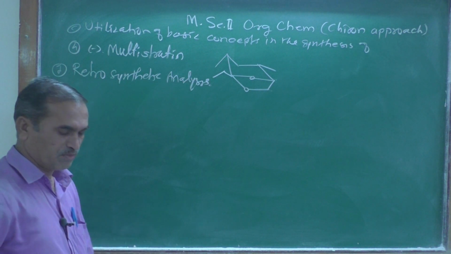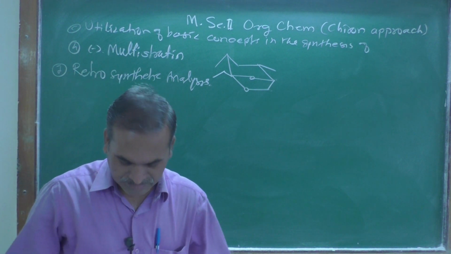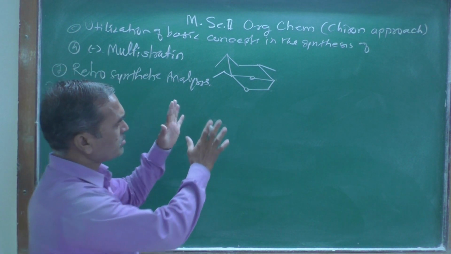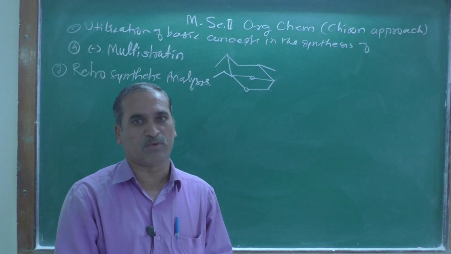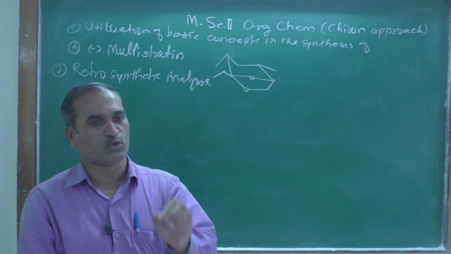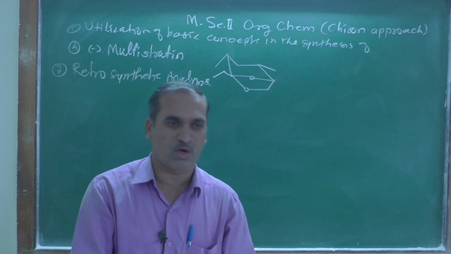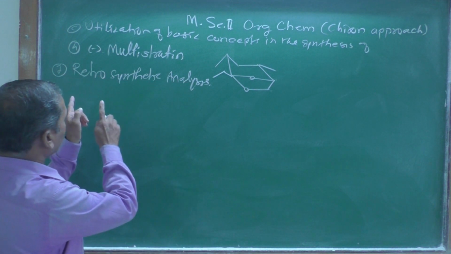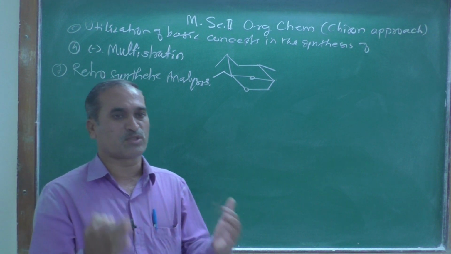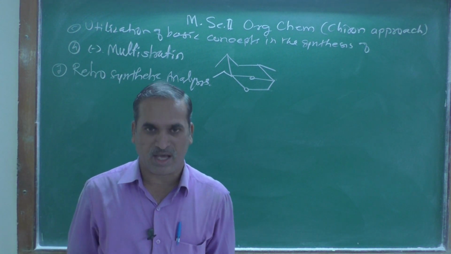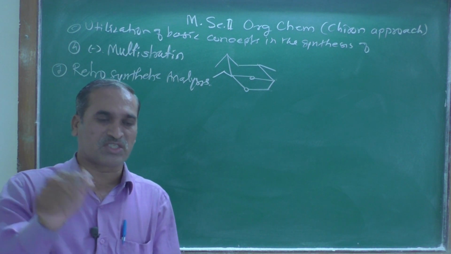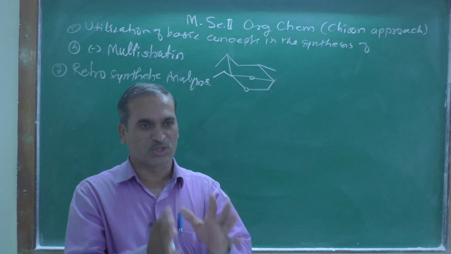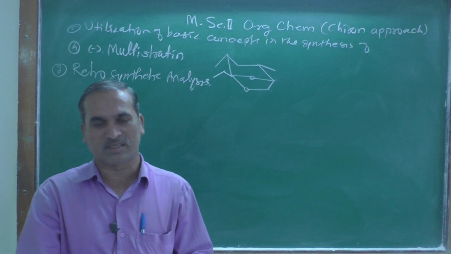This is our target molecule, meaning the molecule whose synthesis is being planned. Retrosynthetic analysis means the process of breaking down the target molecule into convenient starting material by disconnection and FGI.